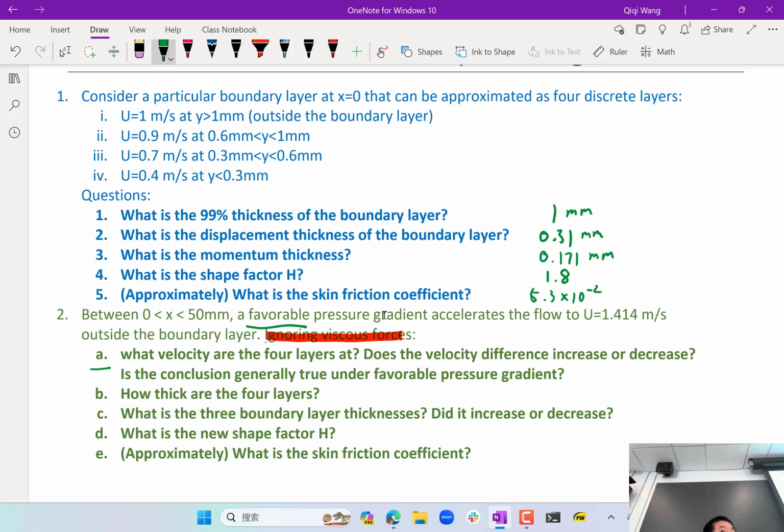The answer is yes and no. Yes, if I use Bernoulli along a line that does not have any vorticity on it. But if I use Bernoulli along a line that crosses some place with non-zero vorticity, then no, I cannot use Bernoulli.